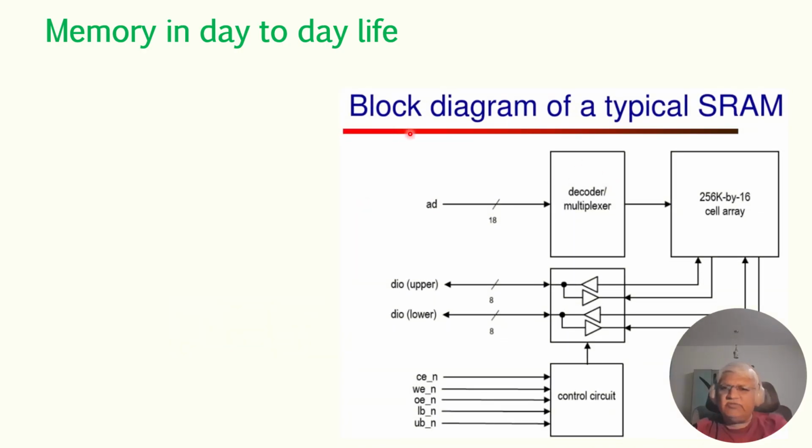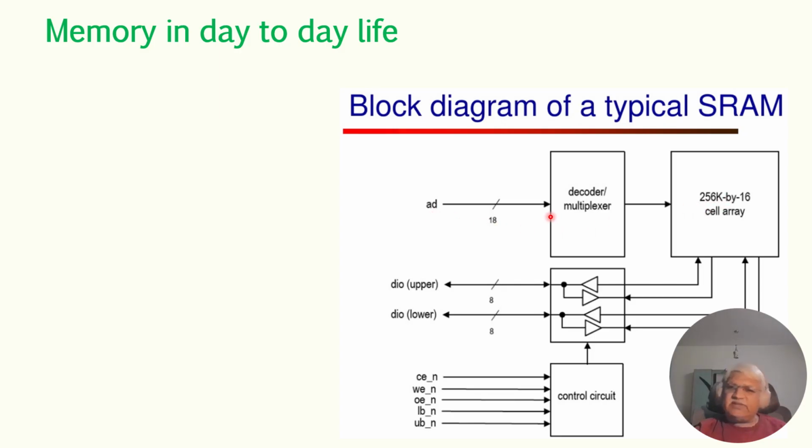Here, if you observe, this is a block diagram of a typical SRAM, like what we have analyzed here. Here it is 256K by 16. Based on that, the number of address bits has to be 18, that means 2 to the power of 10 into 2 to the power of 8, so 256K.